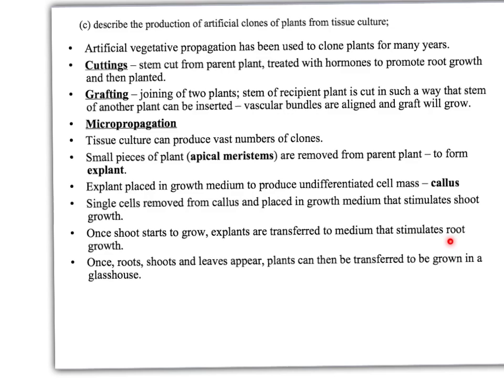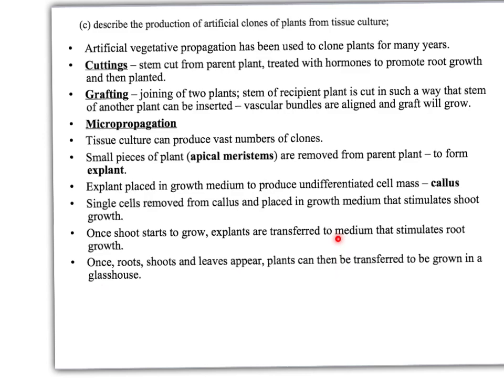So we end up with our callus cells differentiating into shoots and roots. Once they've grown to a certain size and they start to grow leaves, so they can photosynthesize, they can be transferred and grown in a glass house until they're large enough to be planted in soil.